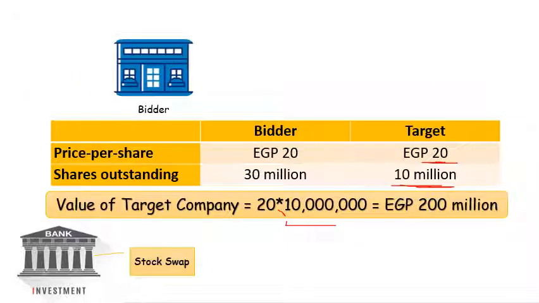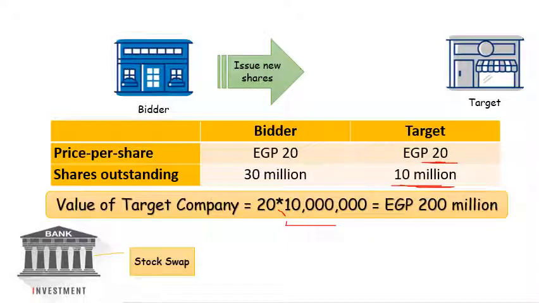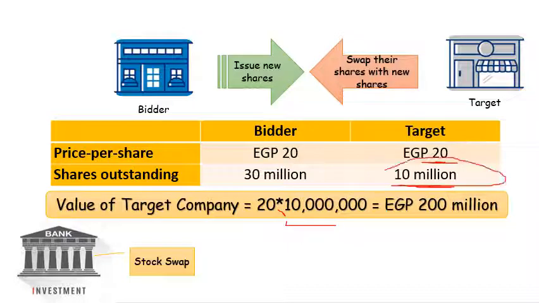The stock swap implies that the bidder will issue new shares, and the shareholders of the target company will swap their shares, that is 10 million shares, for the new shares issued by the bidder company. So how many shares will the bidder company issue to swap for 10 million shares?